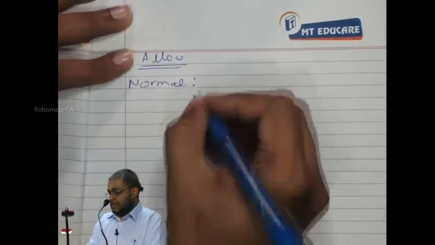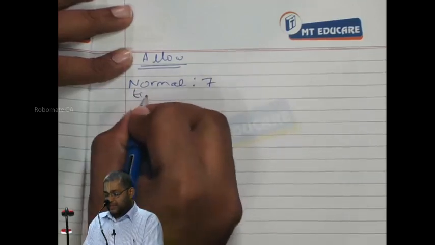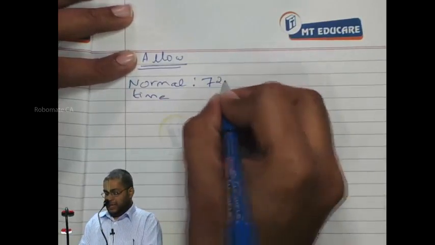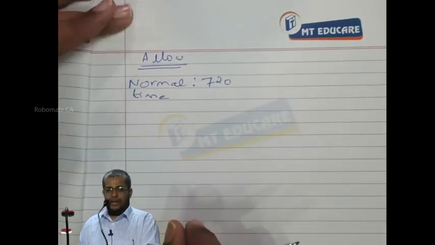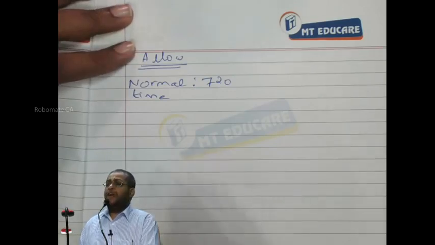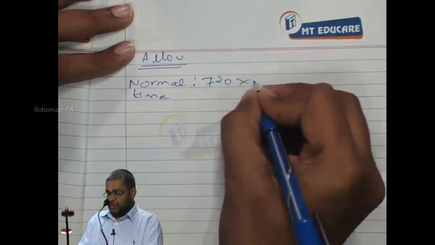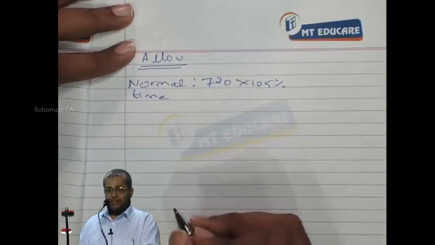Now, it is normal time wages. Don't get confused. What is the wages? Normal time wages. How much? 720. If I allow the strike, what should I do? I believe that they will settle for 5%. 720 into 105% will be the wage per machine I have to pay.